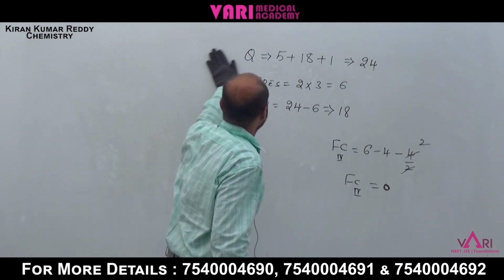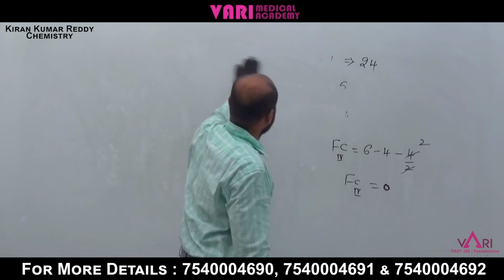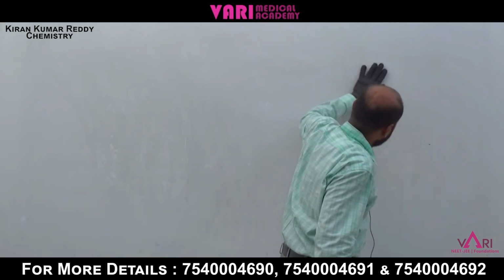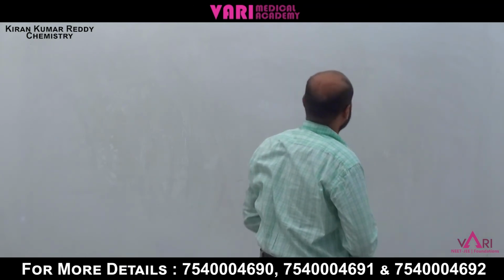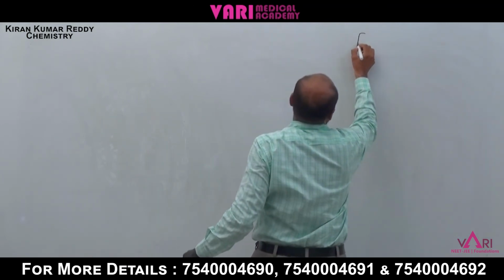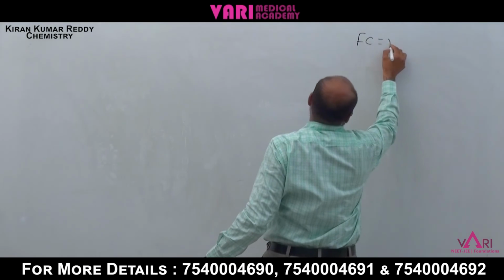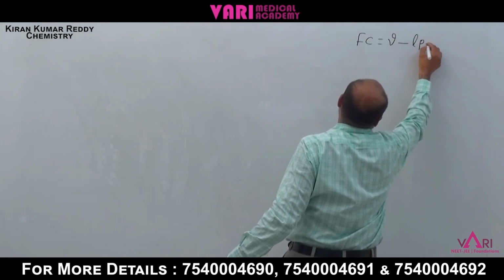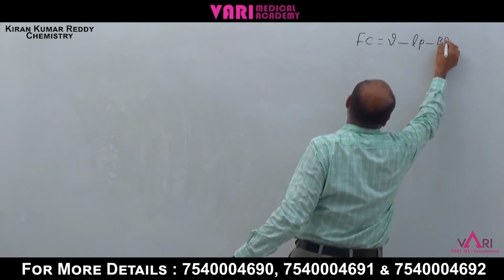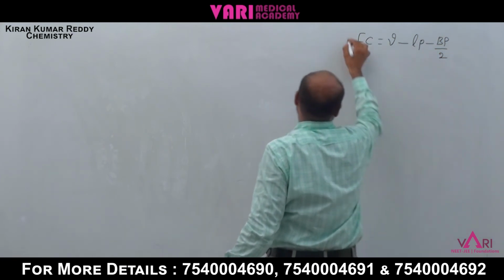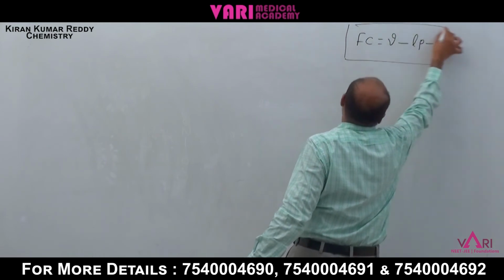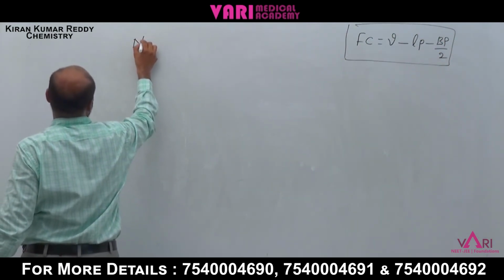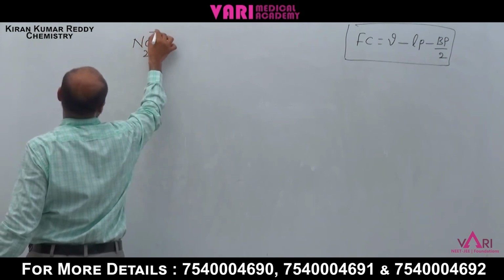How to write the formal charge? The formal charge is equal to the valency electrons of the atom minus lone pair electrons minus bond pairs by 2. This formula you have to remember.